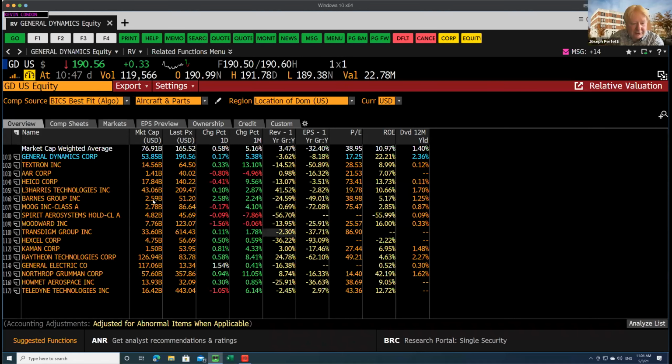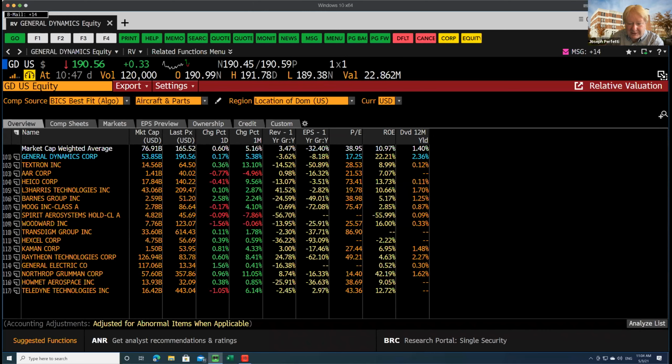Again, I'm not telling you which 2 you have to do. You can choose which 2 in each of the segments, but you will need to find the 2 representative peers in each of those segments. And then you'll do the multiples on each of those.